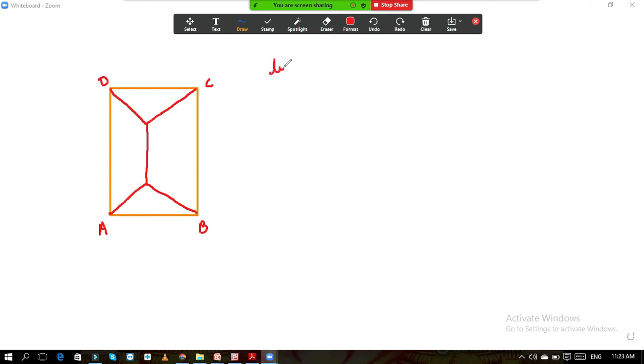Now our case is Ly by Lx. When this Ly by Lx ratio is greater than 2, then I have told you it is a one-way slab. So what is the meaning of one way?